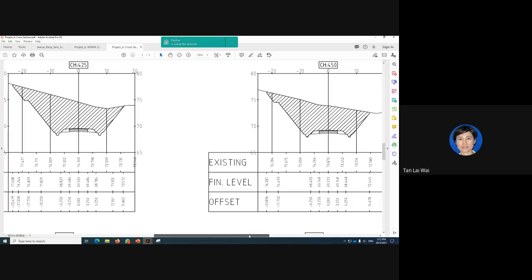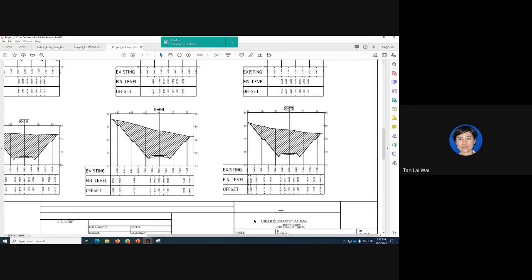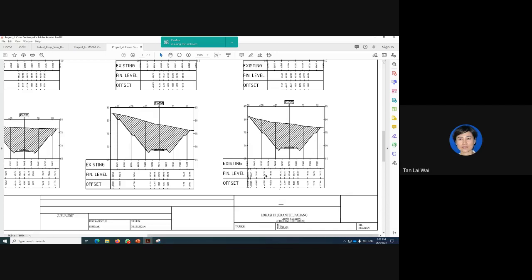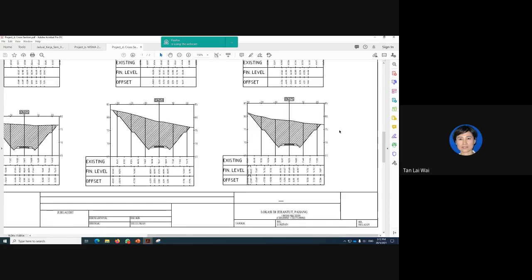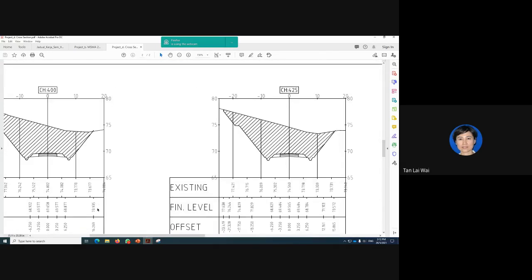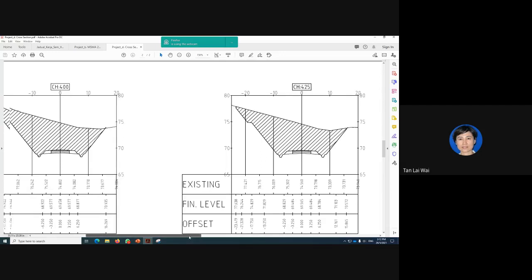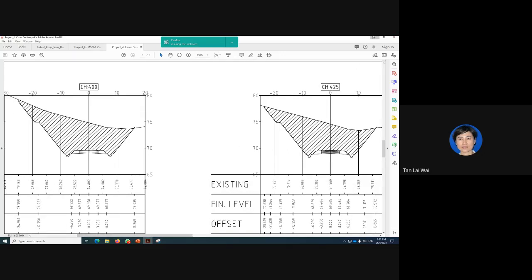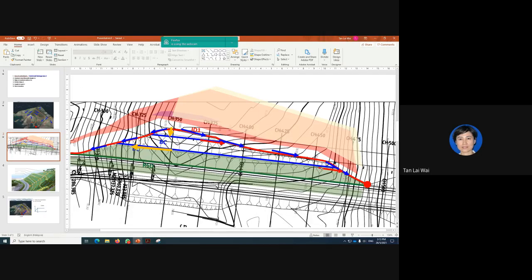So I need to compare 400 with 425. Okay. So where's 400? Okay. So this is the other side. Okay. 74. Okay, so now this is going to the other direction.